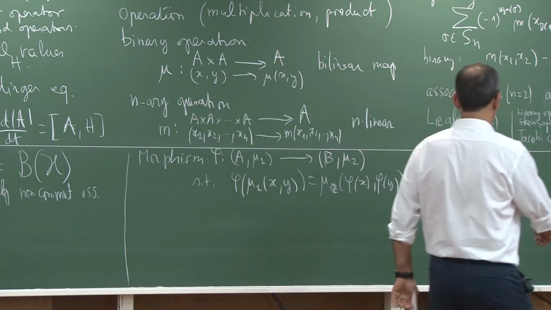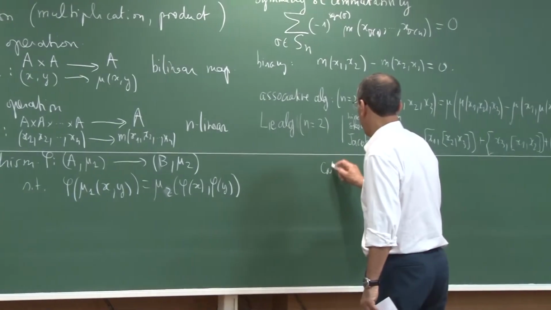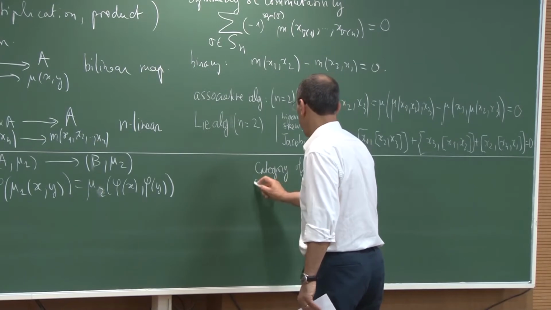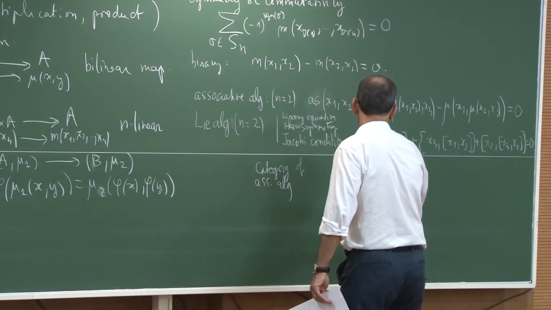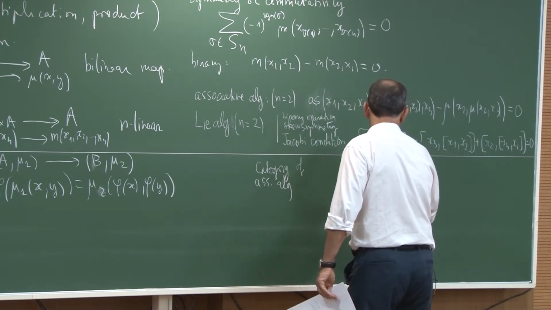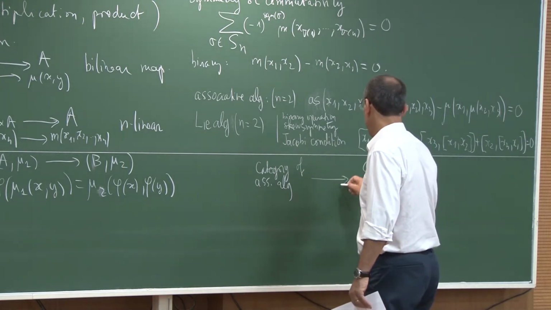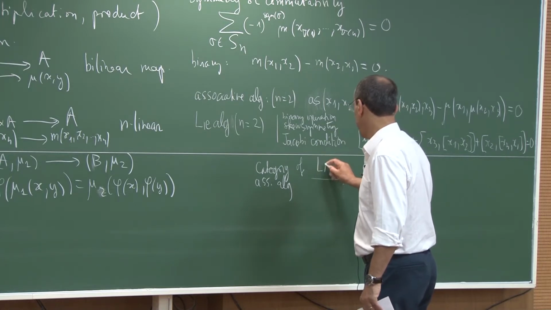Then we can talk about categories, and there is a connection between the category of associative algebras and the category of Lie algebras. There is a functor here, let's call it Lie.